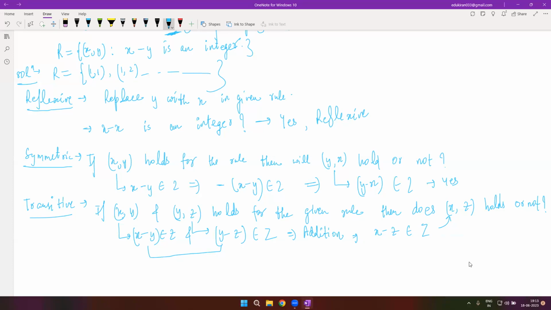Right? So if x comma y holds, that is, if x minus y is an integer, and y comma z also holds, that is, y minus z is also an integer, then does x comma z hold or not? That means x minus z should be an integer. And I got the expression x minus z by just adding both of them. If I add both of them and they are integral values, then I get an integer only. That is why the given relation is reflexive, symmetric and transitive.